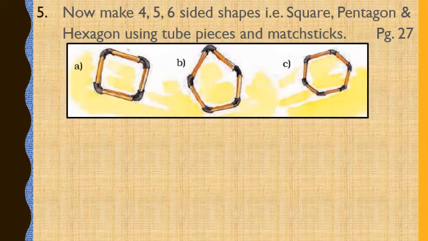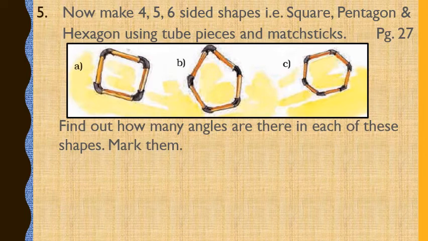Now make 4, 5 and 6 sided shapes, that is square, a 4 sided shape, pentagon, a five-sided shape, and a hexagon, six-sided shape, using tube pieces and matchsticks.